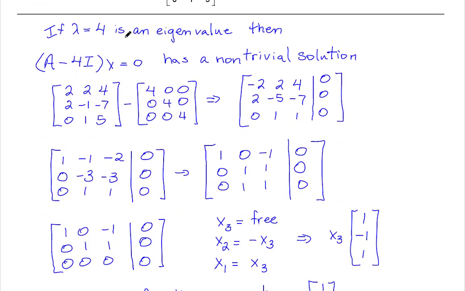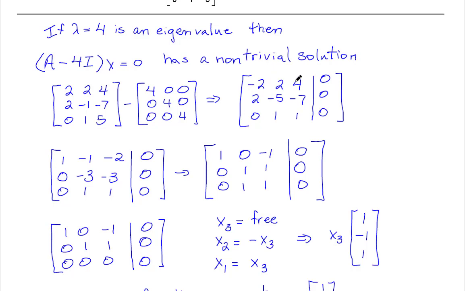If lambda equals 4 is an eigenvalue, then when I form A minus 4 times the identity, we're going to get a non-trivial solution. All right, so here's 4I. Do the subtraction.